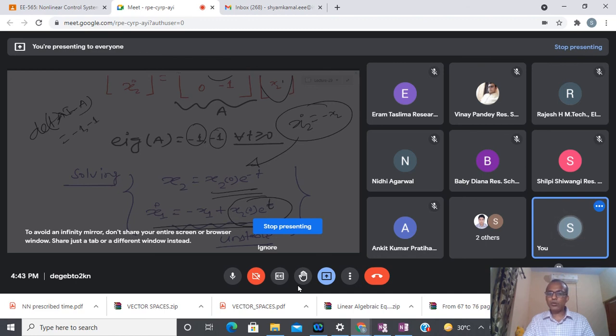What is the basic role of mathematics? If a theory fails, or you are able to generate one counter example, then the whole theory collapses. Since we are able to produce one counter example, I cannot check the stability of the equilibrium of a linear time varying system just by looking at the eigenvalues. So what is another way out?